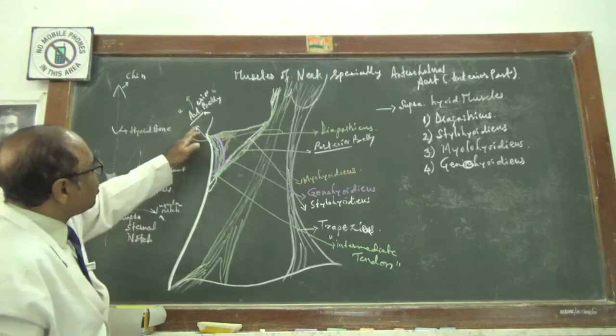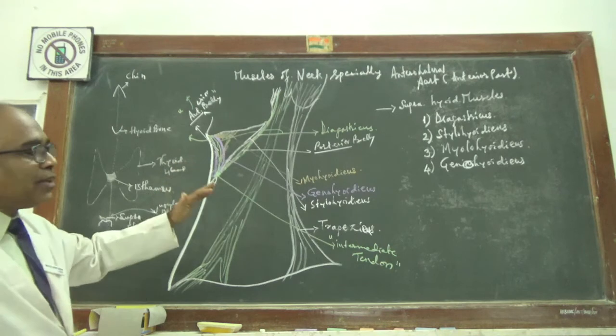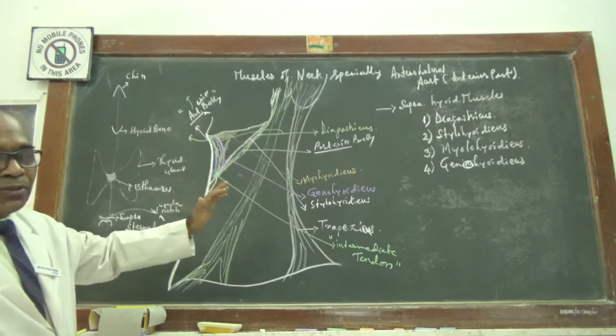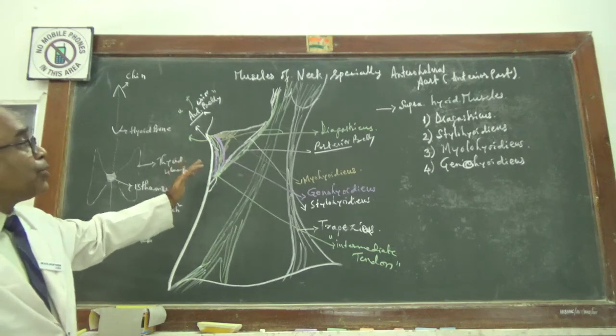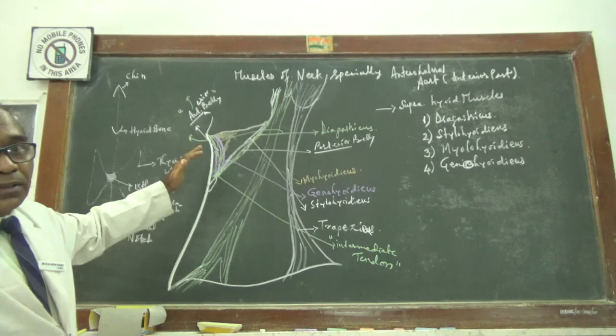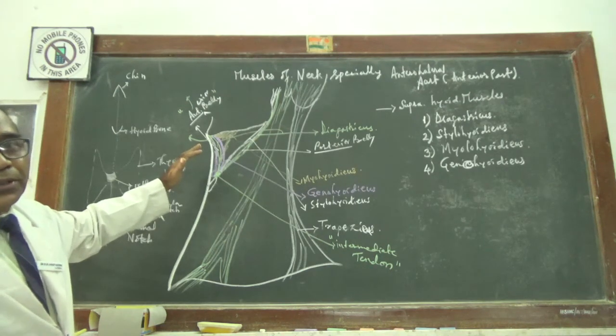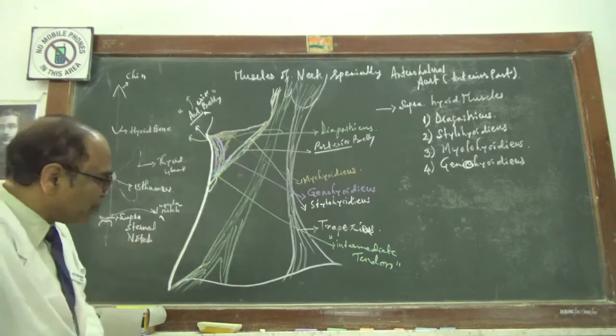So those will be the relations for this. But superficially, commonly skin, superficial fascia, deep fascia, then platysma, without forgetting, and the external jugular vein. So this will be, in short, the relations for that.